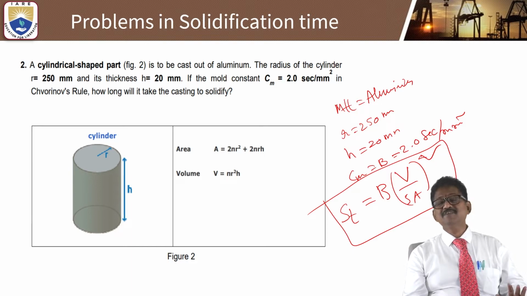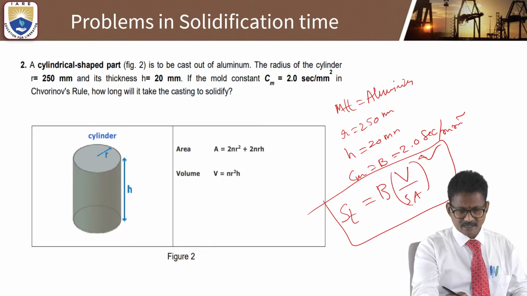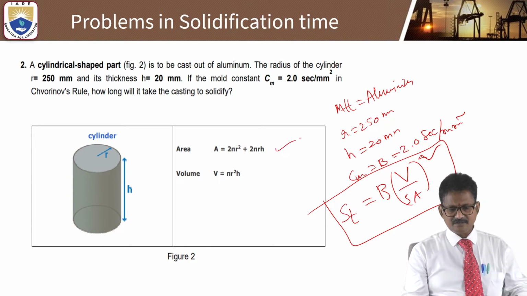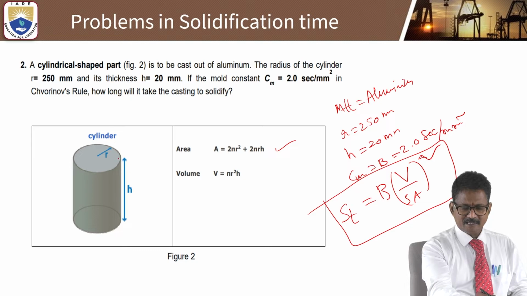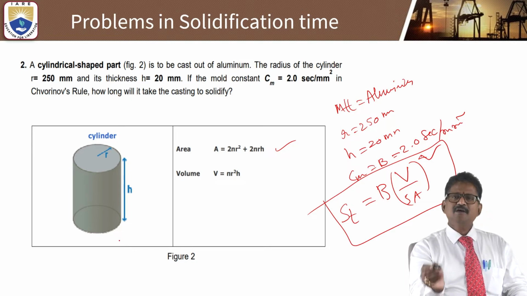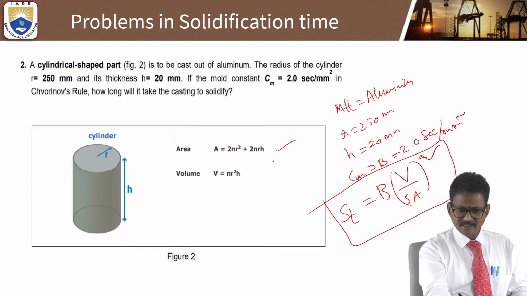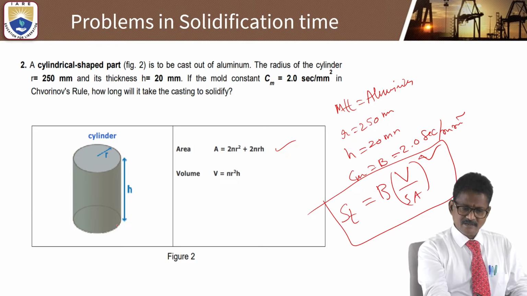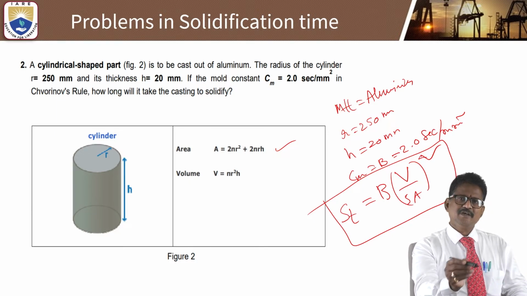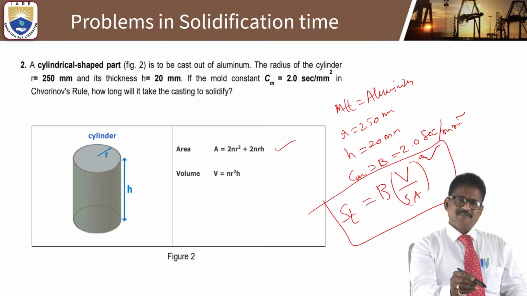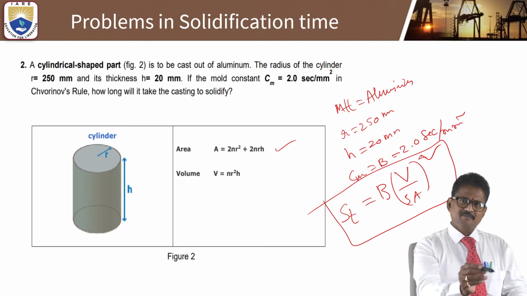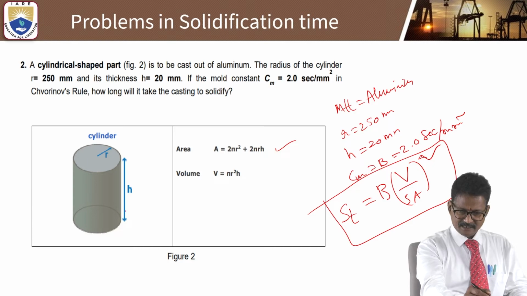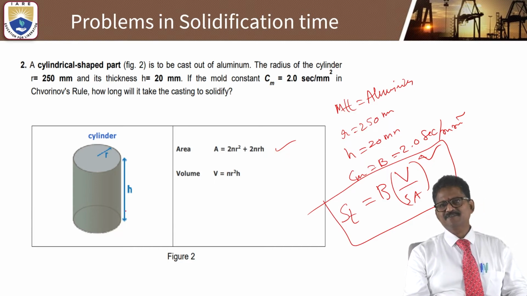For a cylinder we can determine the volume, and also the surface area. These two things are very important. The surface area is the bottom circle plus the top circle, pi r square plus pi r square, that is 2 pi r square, plus 2 pi r h, that is pi d into the height.